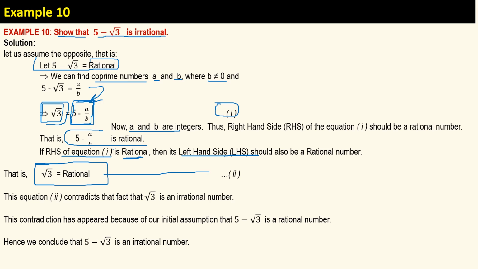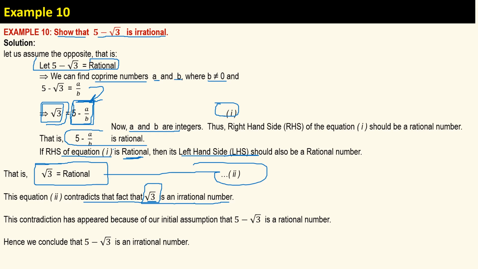Now let's call this equation number 2, and this equation 2 actually contradicts the fact that square root of 3 is an irrational number. Now we know that square root of 3 is an irrational number by our general information and by the definition of an irrational number.